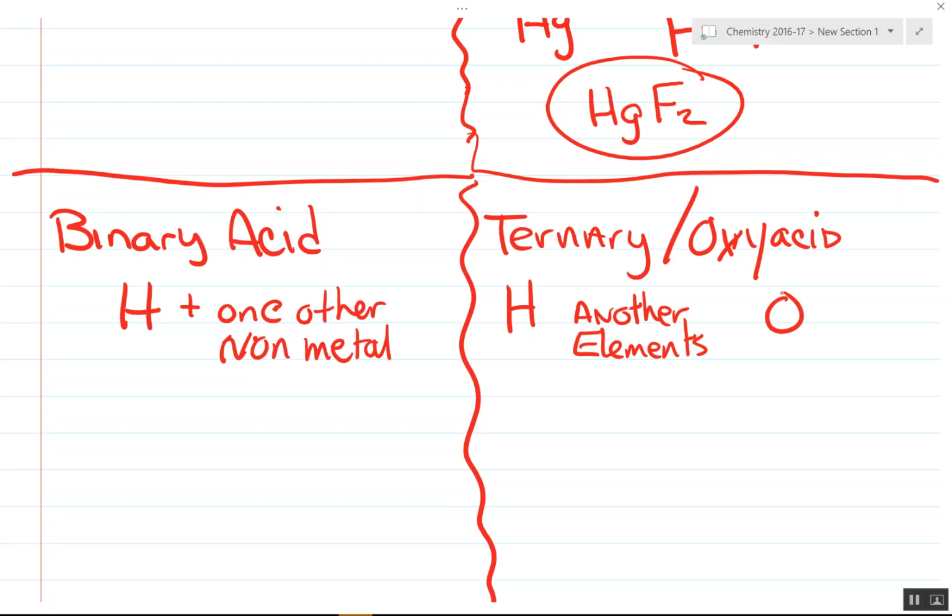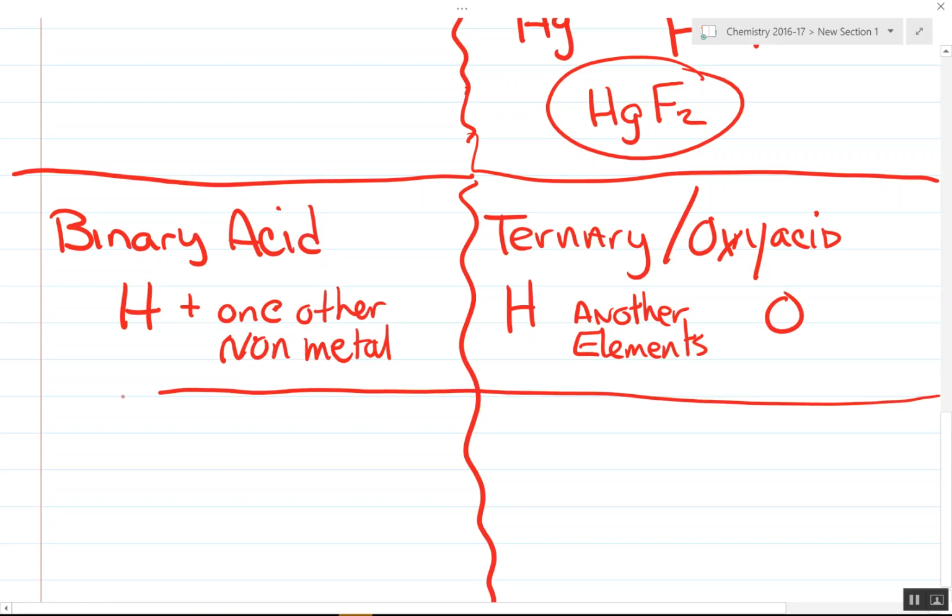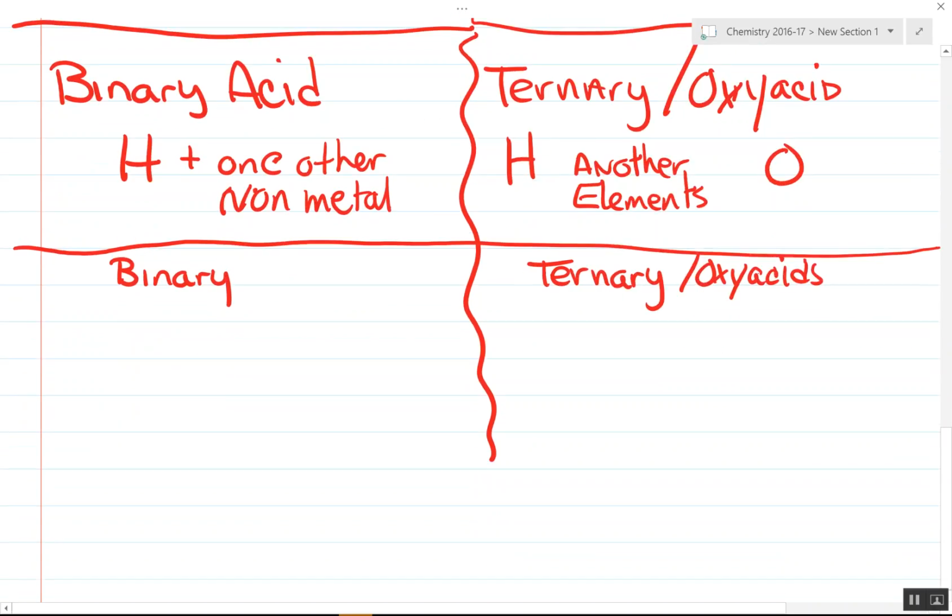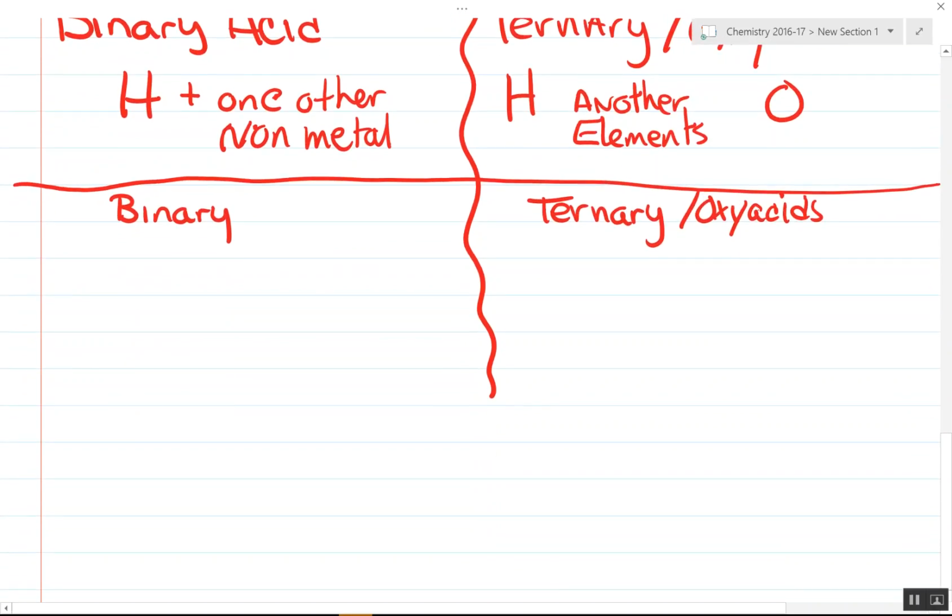So let's do side-by-side examples here. And I will try to write neater here. So if I say, we'll go back and forth here.